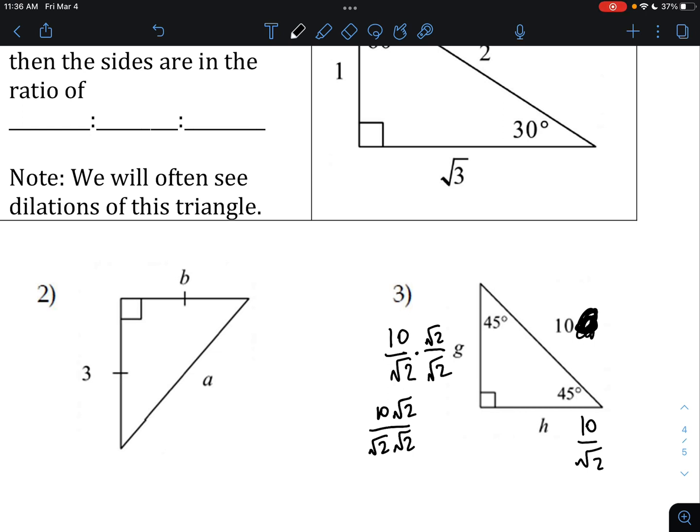Now, one of the properties of square roots lets me multiply 2 square roots that are next to each other. I can multiply this stuff inside, and I can just group them together. So this lets me say that that's equal to 10 square roots of 2 over the square root of 2 times 2, which is 4.